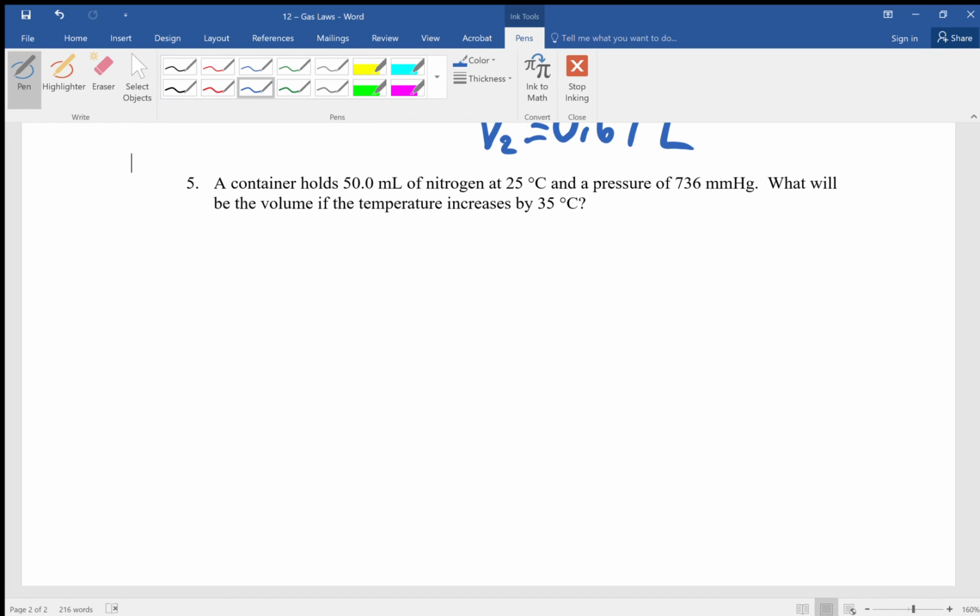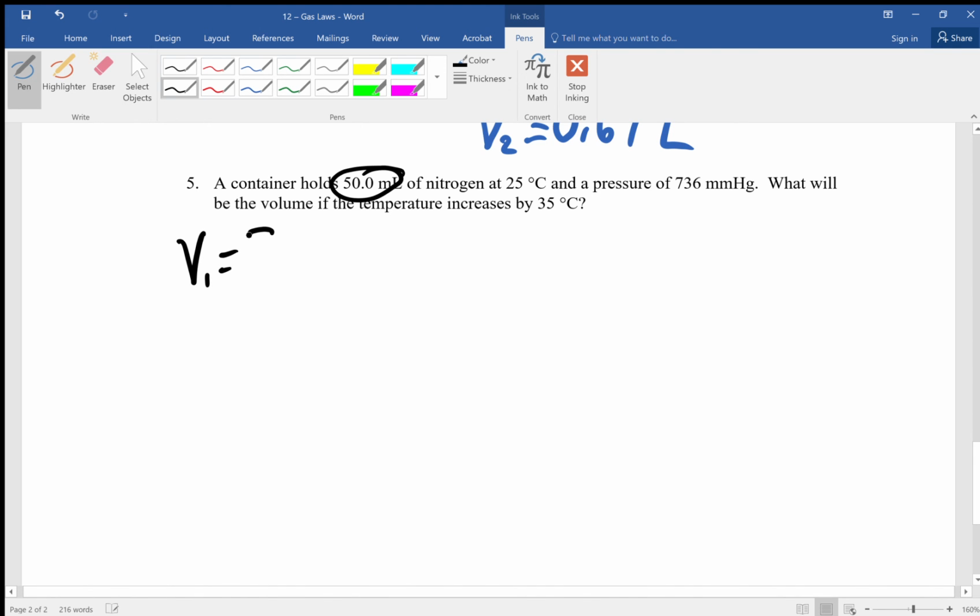All right, our last practice question here. We can see that a container holds 50 milliliters of nitrogen. So our initial volume is 50 milliliters.